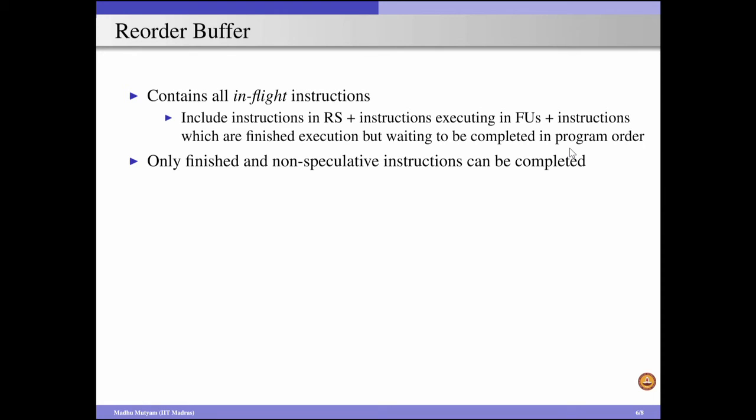For example, when I give an add instruction, add R1, R2, R3, if the add operation on the contents of R2 and R3 is done, then we say this add instruction has finished its execution. But when we write the final value to the register R1, then we say that this add instruction is completed.